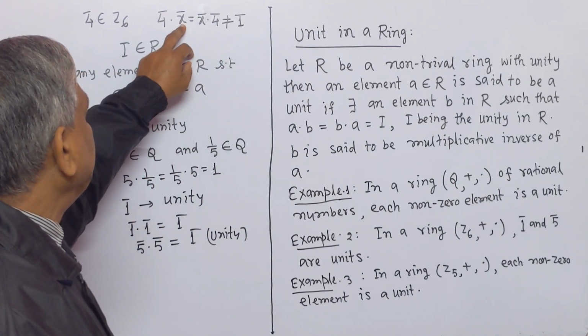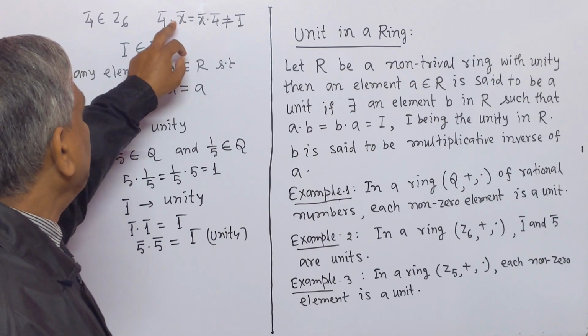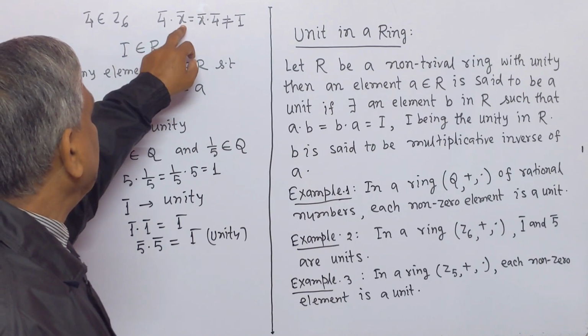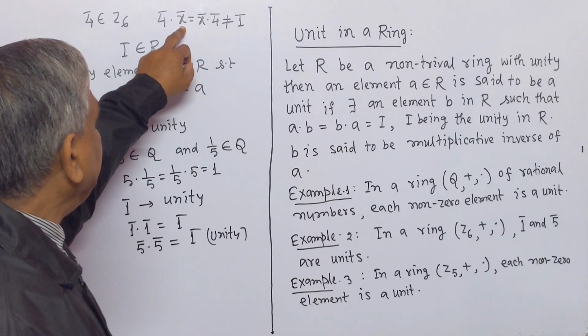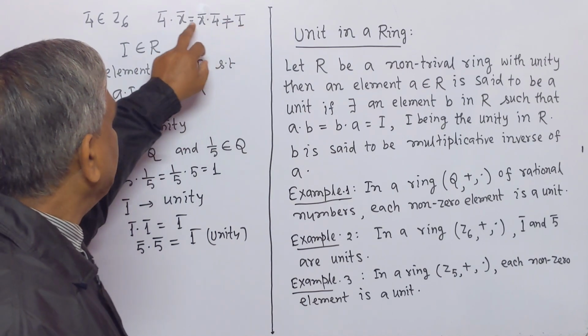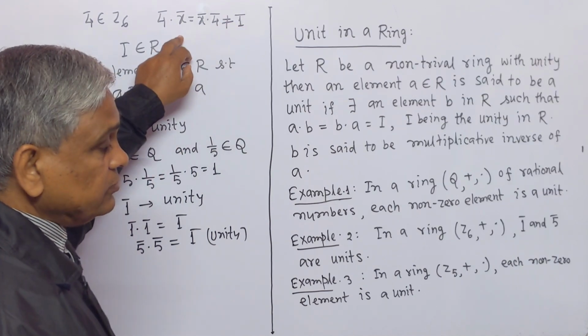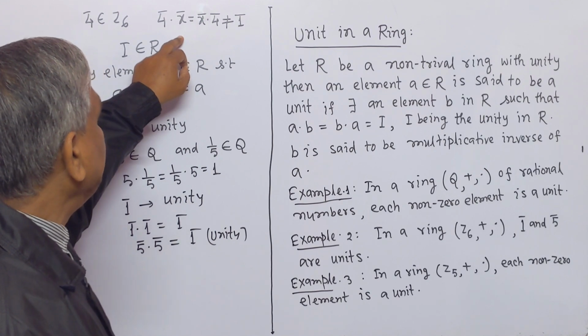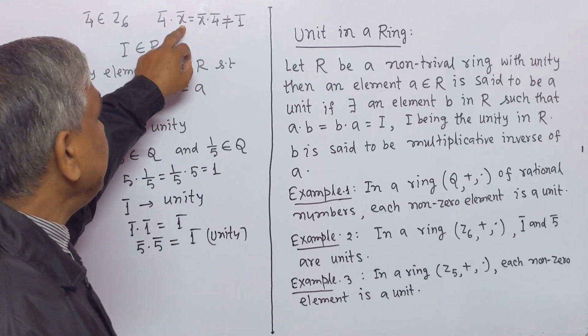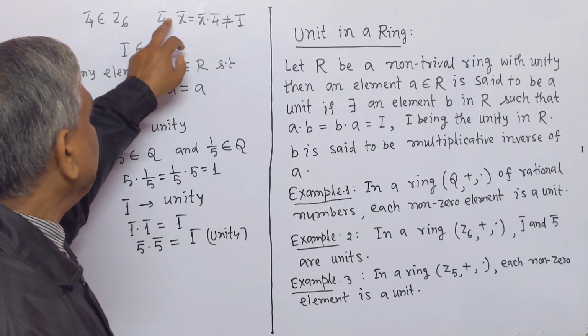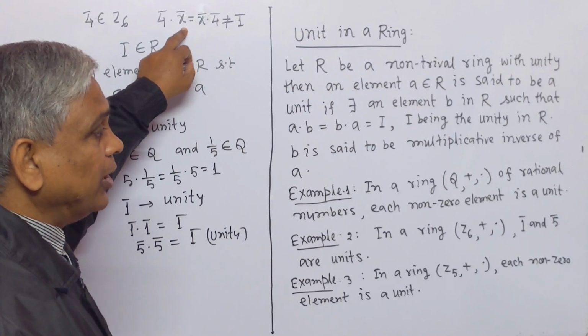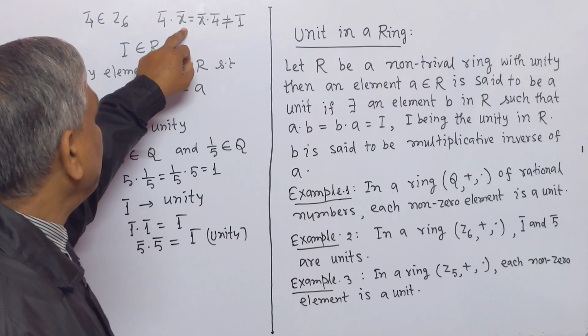If we write here 2 bar, 4 bar multiply 2 bar means 8 bar means 2 bar. So this is not unity. If we write here 3 bar, 4 bar multiply 3 bar means 12 bar means 0 bar.